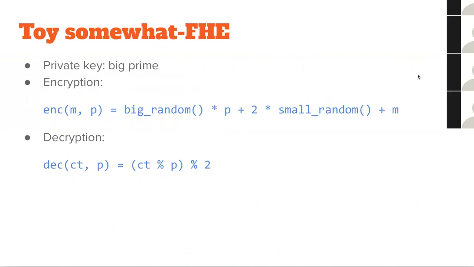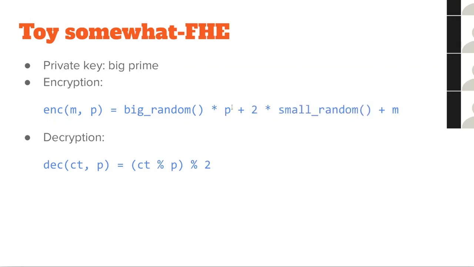So imagine your private key is a big prime, a really big prime number. Then to encrypt a message, where a message is restricted to either 0 or 1, what you do is you take a big random number, multiply it by p, then add together a small random number multiplied by 2, and you add your message, right?